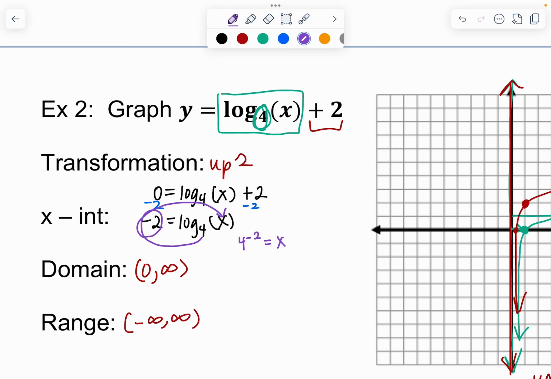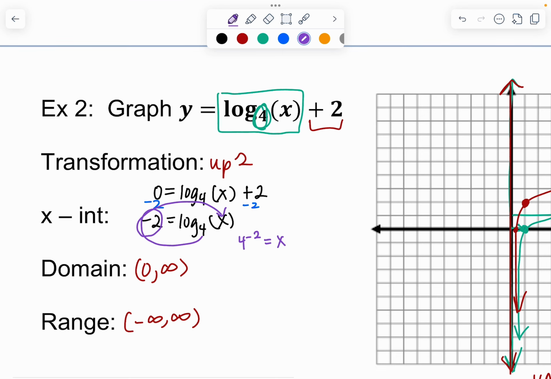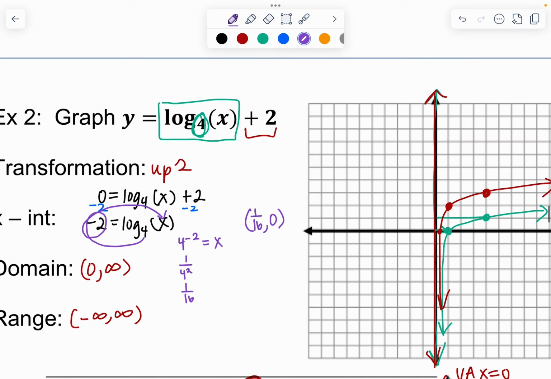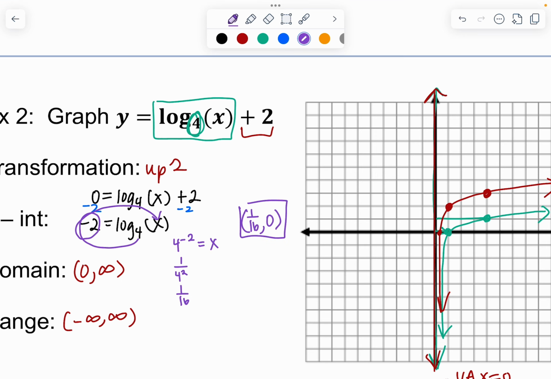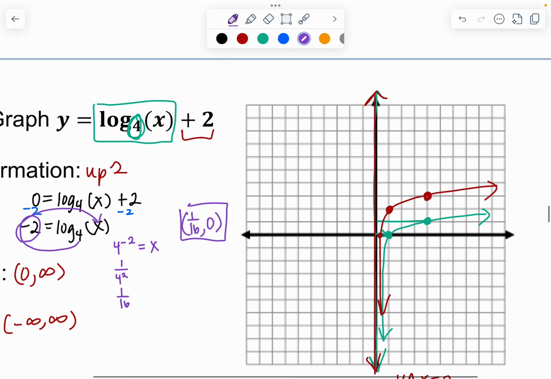So we have our x isolated, we just need to simplify that. So 4 to the -2 power is 1 over 4 squared, which we know is 1 over 16. And so our x-intercept is 1 over 16. And then remember, that's an x value and y is 0. Get in the habit of writing it as an ordered pair. And so it's going to be really, really close to 0.